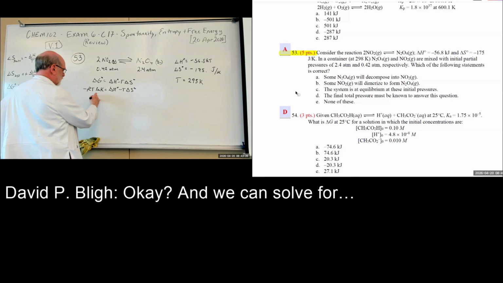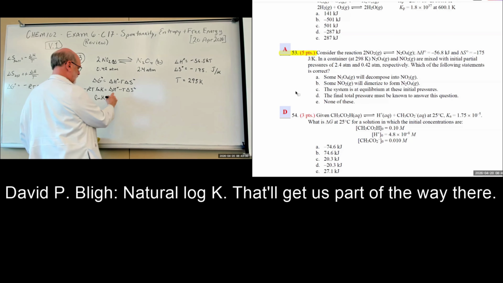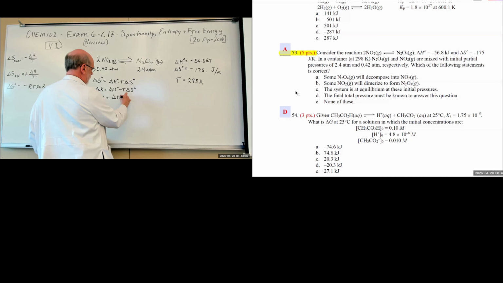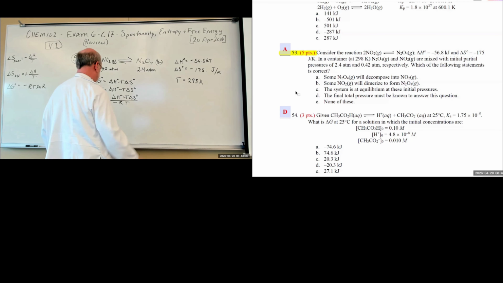Okay, and we can solve for natural log K. That'll get us part of the way there. Divided by minus RT.